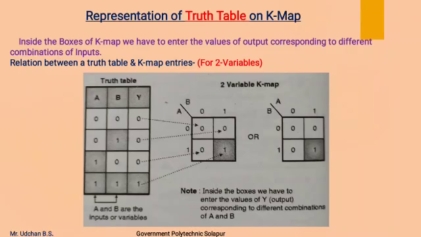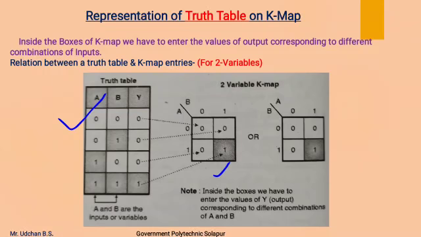In this slide it is shown the relation between a truth table and Kmap entries for two variables. This is the truth table in which there are two inputs and one output, and this is the Kmap.